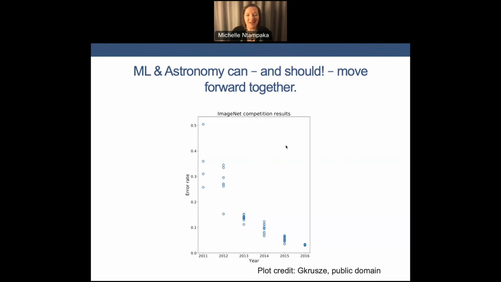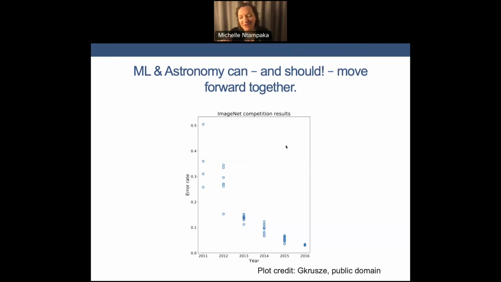This is the first convolutional neural network to be really successful in this competition. And you can see in following years, lots of folks jumped on the convolutional neural network bandwagon. This was a really big leap in image classification techniques.